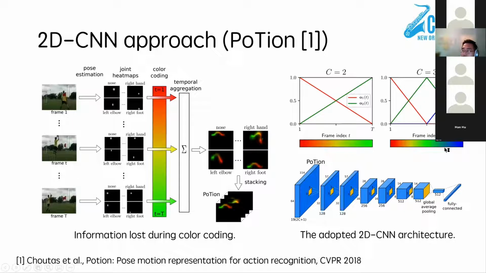The track heatmaps are concatenated along the channel dimension to form a single 2D image, and then processed by a lightweight 2D CNN. Though carefully designed, the aggregation conducted by PoTion leads to severe information loss and inferior recognition performance.